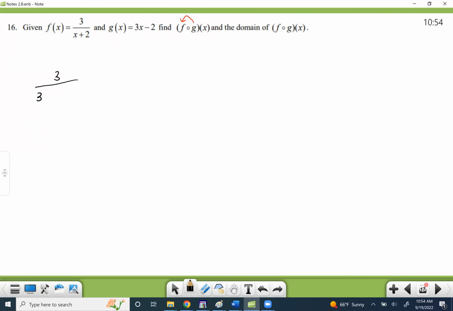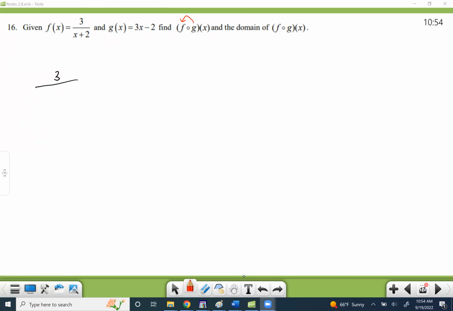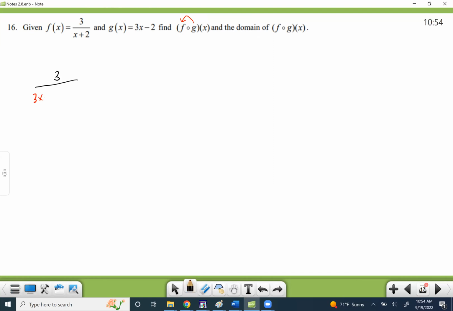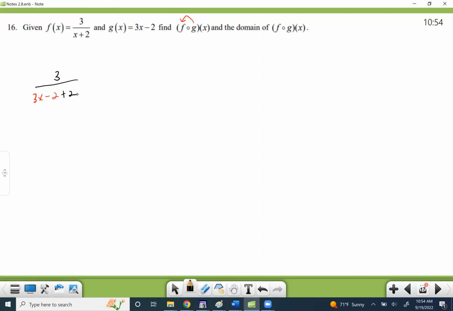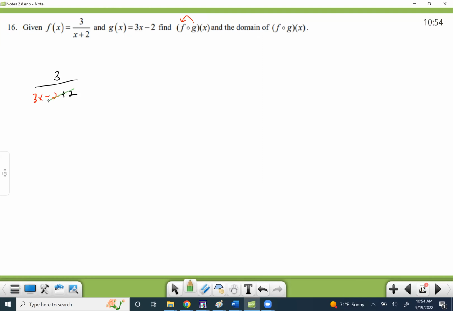Maybe I'll do that in a different color. All right, so 3x, and then don't forget the minus 2. And then don't forget the plus 2 that was already there. Okay, so we're going to cancel out the minus 2 and plus 2.